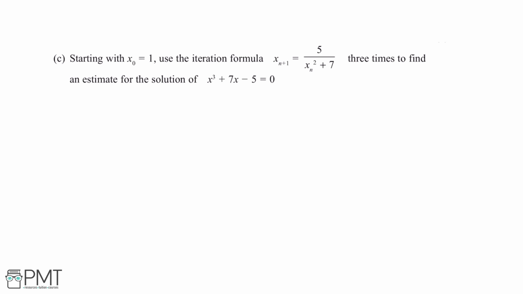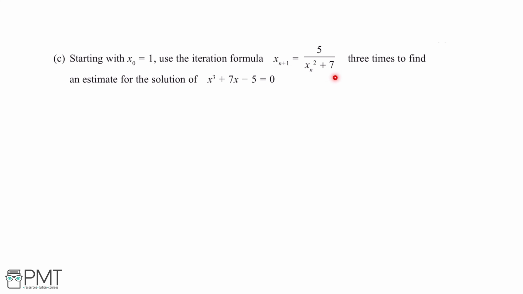Starting with x0 equals 1, use the iteration formula xn plus 1 equals 5 divided by xn squared plus 7, 3 times to find an estimate for the solution of x cubed plus 7x minus 5 equals 0. So essentially for this question, we're going to want to work out what the value of x3 will be.